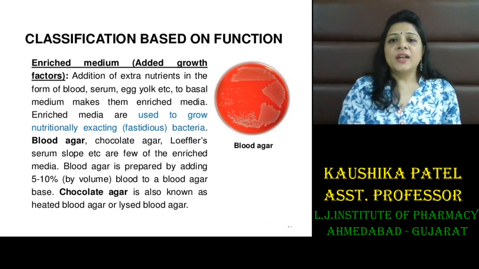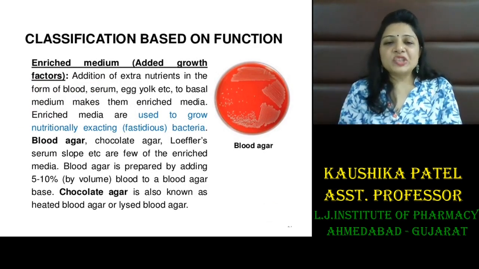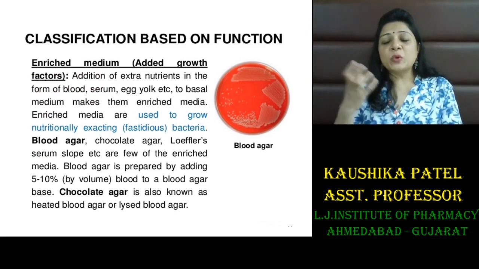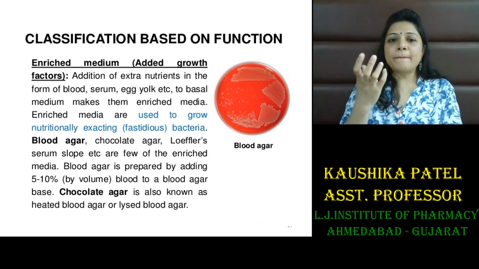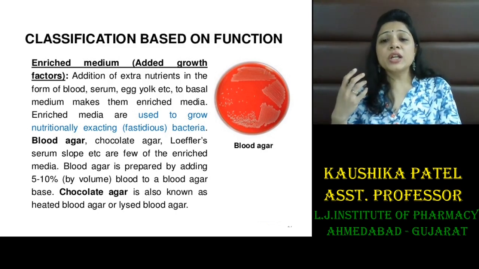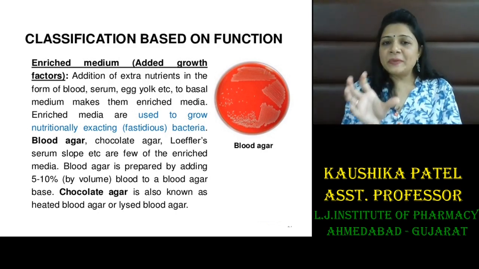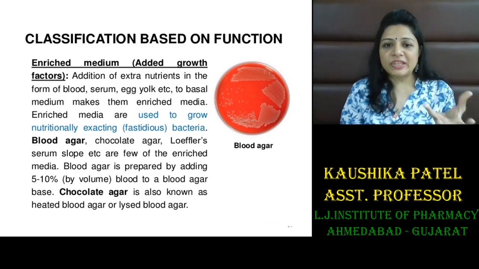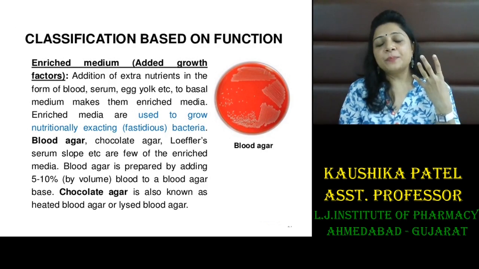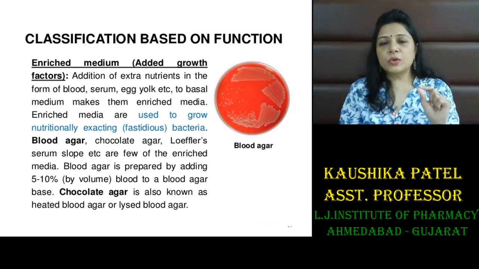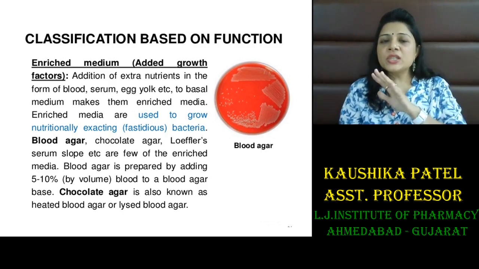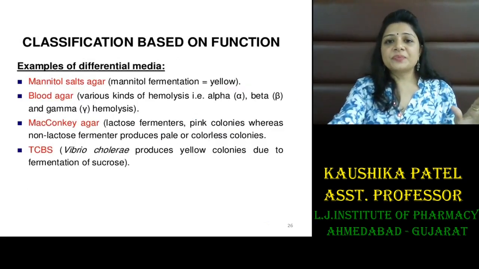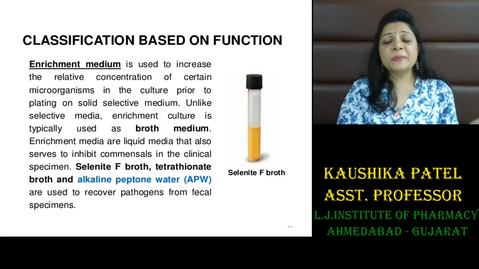Then there is enriched medium. As the name suggests, it is enriched by some growth-promoting components like blood, serum, or yolk. It is normally present in the form of solid culture medium. You have to use a Petri plate, and that particular species' growth will be more. It does not contain any inhibitory substance. But there is also enrichment medium.